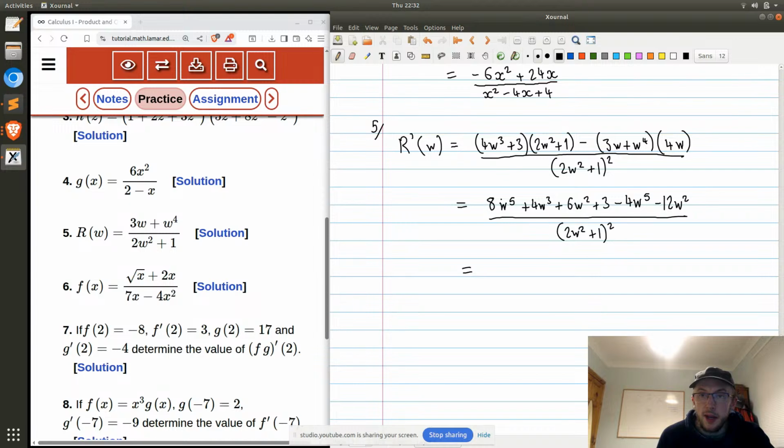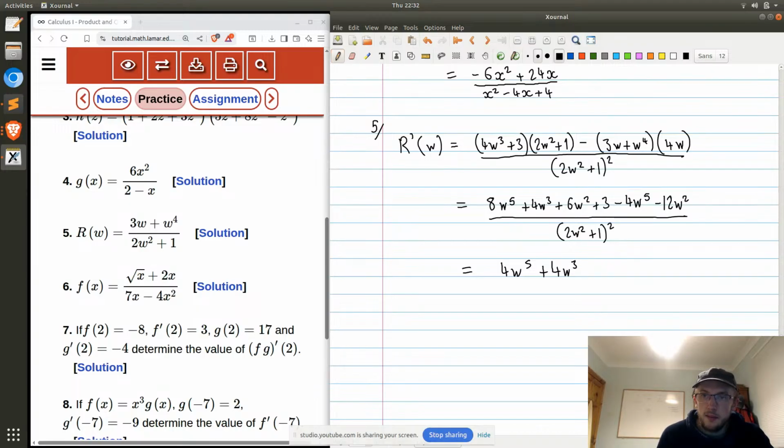And then we clean everything up. So minus 4w to the 5 on top. No, rather, just plus. Then 4w cubed.